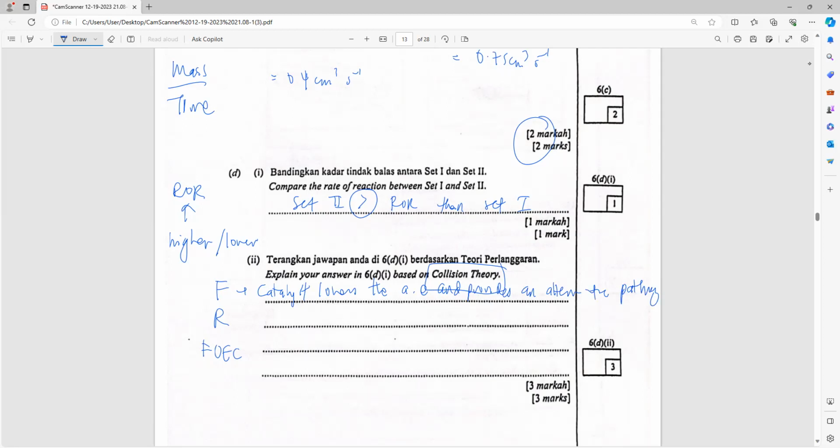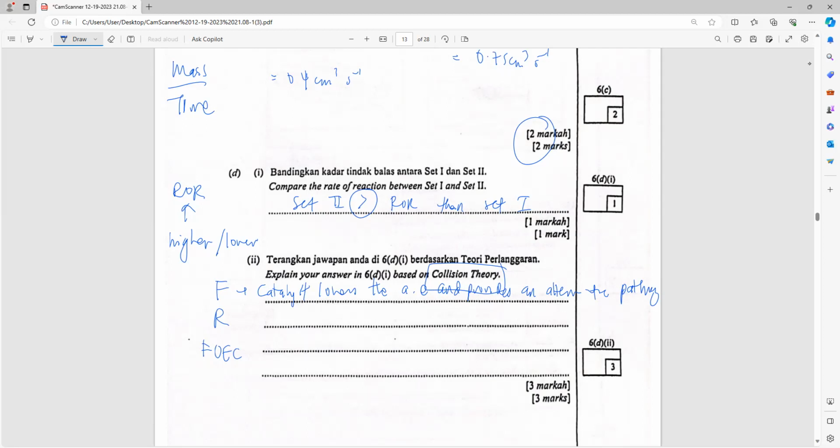Did y'all get the F already so far? Can you see my screen or not? Oh, the writing, horrible handwriting. Okay, sorry.